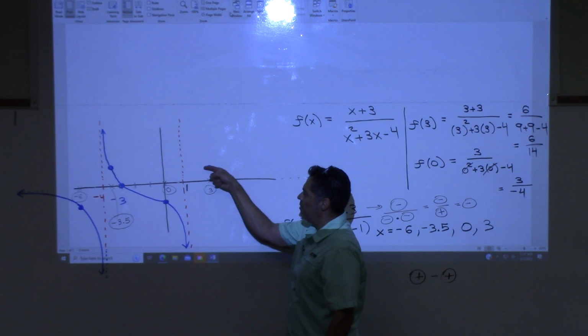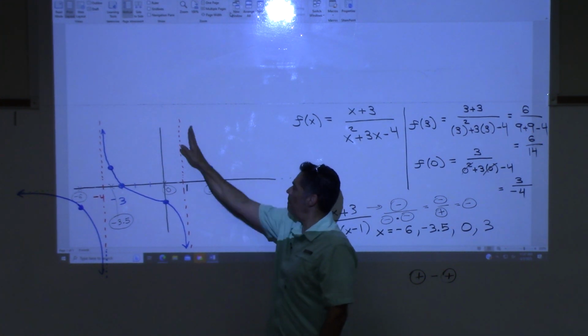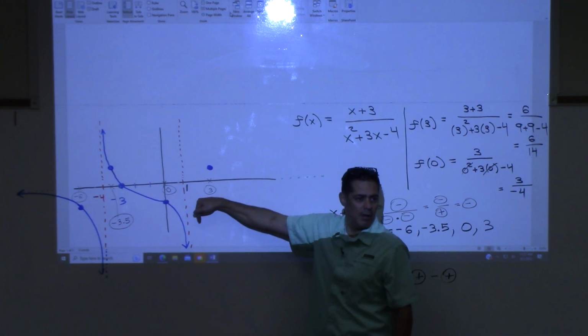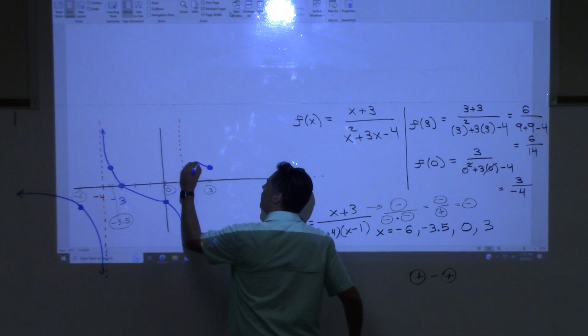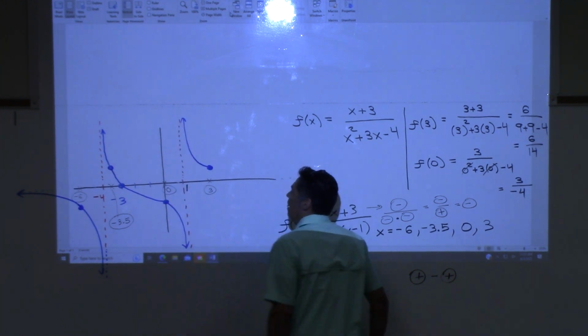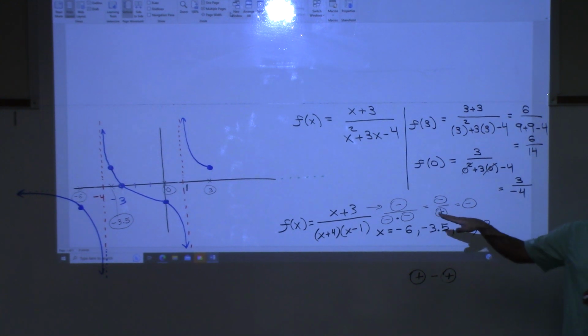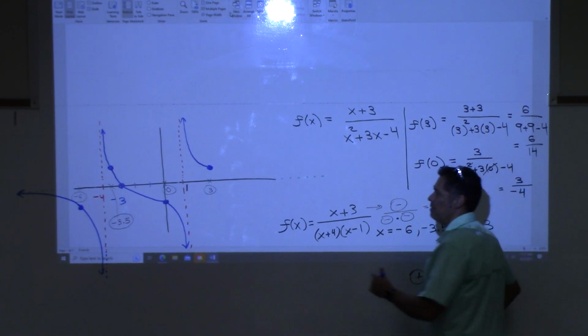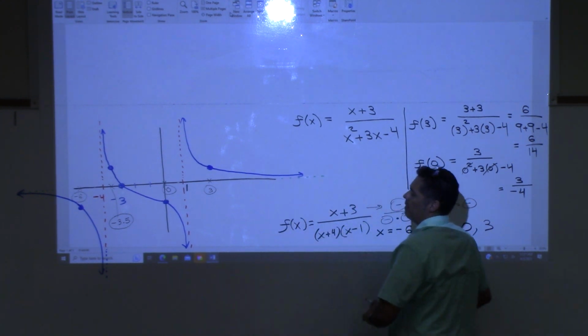To the left, what happens? Barrier, right? Up or down? Up, right? Can't go down because you'll cross the x-axis. So you go up. And then final piece, you're going to draw it to the right. You see the magnet? It gets pulled towards the magnet. And we have our graph.